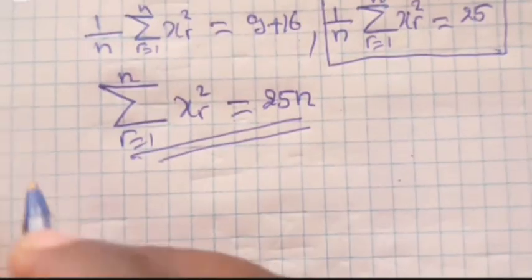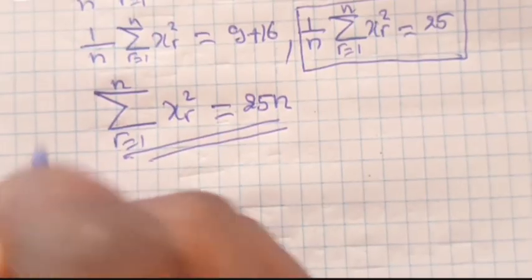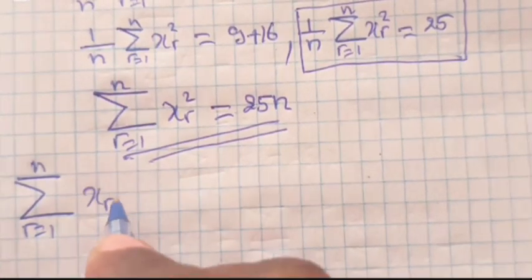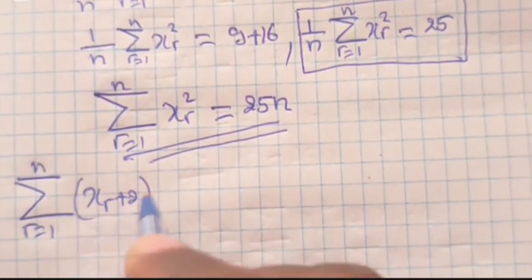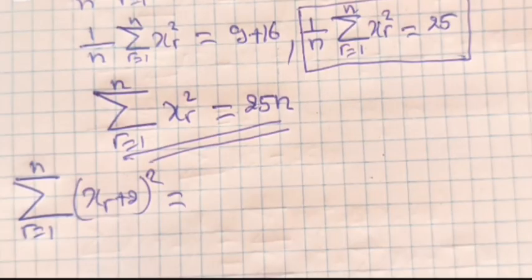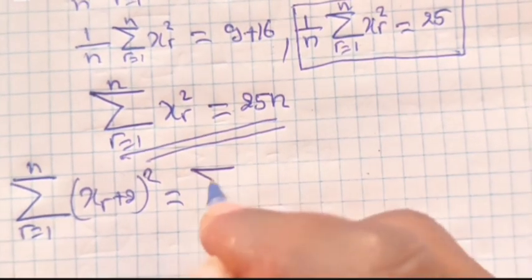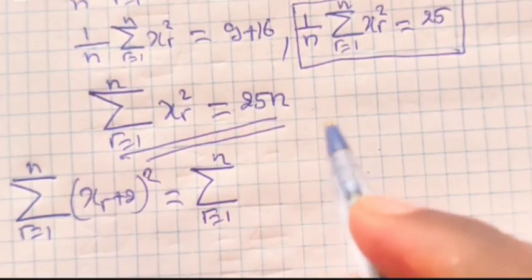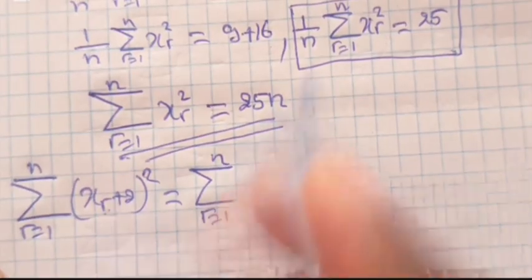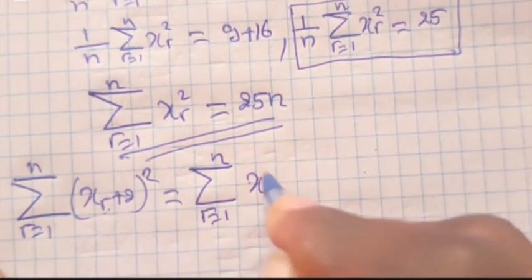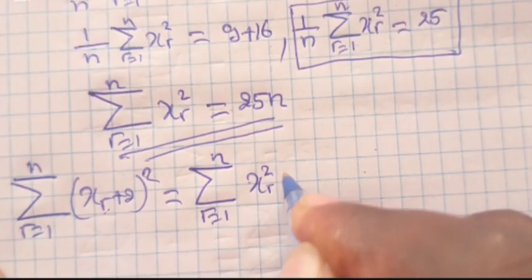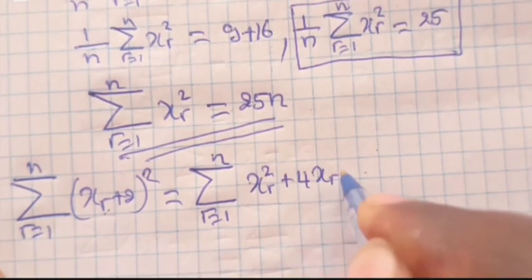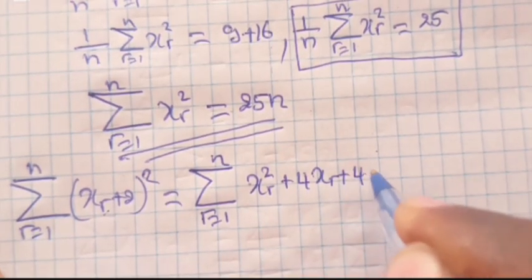We have the sum as r comes from 1 to n of xr plus 2 to the power of 2. This is the sum as r comes from 1 to n of, we need to expand this, xr squared plus 4xr plus 4.